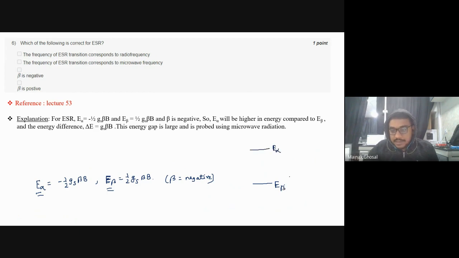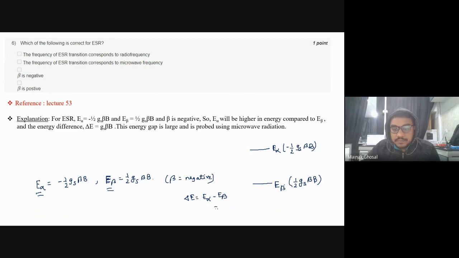E beta will have energy of half Gs beta into B, and the alpha will have energy of minus half Gs beta into B. Okay, so these two things are very important for E beta and E alpha. Now, if I am going to calculate delta E, my energy difference will be E alpha minus E beta.